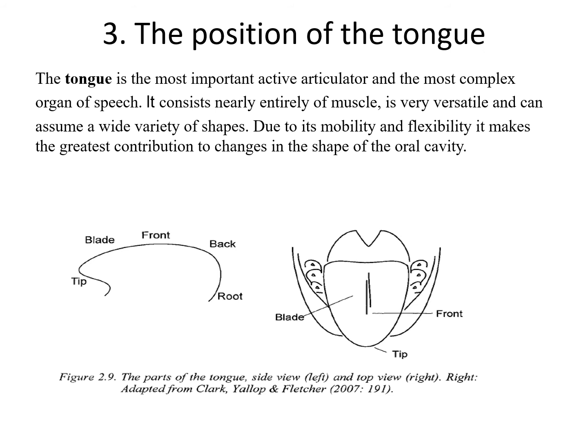Next, number three, the position of the tongue. This is our last topic under the concept of articulatory phonetics. The tongue is the main part that is involved while we are speaking, while we are saying something, while we are uttering sounds.